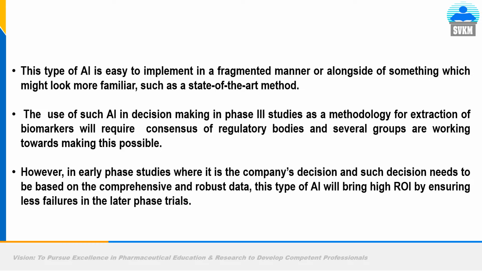The use of such AI in decision making in phase 3 studies as a methodology for extraction of biomarkers will require consensus of regulatory bodies, and several groups are working towards making that possible. However, in early phase studies, when it is the company's decision and such decisions need to be based on comprehensive and robust data, this type of AI will bring high ROI by ensuring less failure in the later phase of trials.